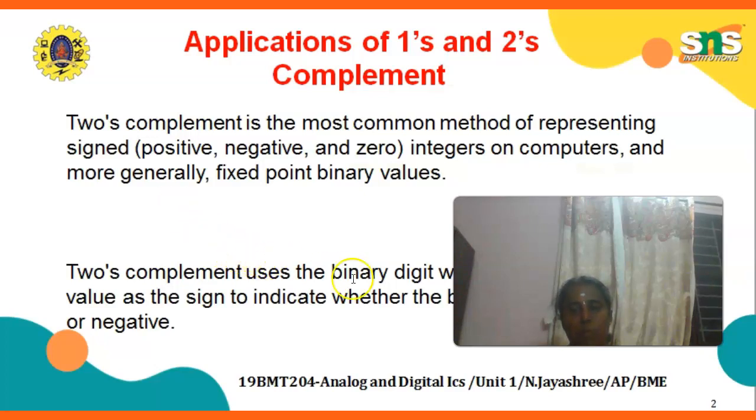The twos complement uses a binary digit with the greatest place value as the sign to indicate whether the binary number is positive or negative. There are only two possible outcomes.